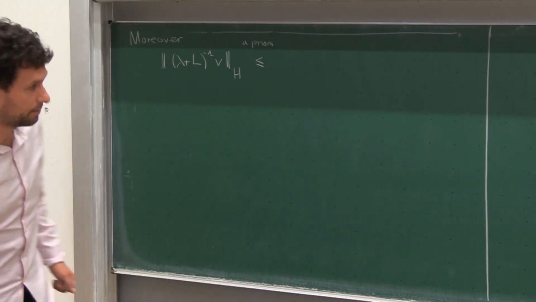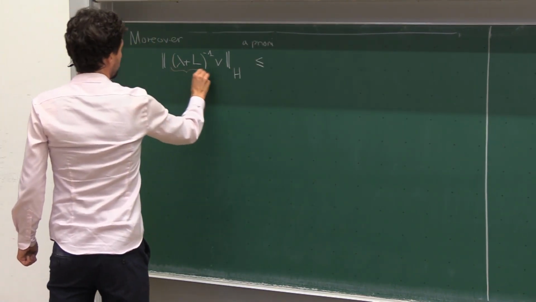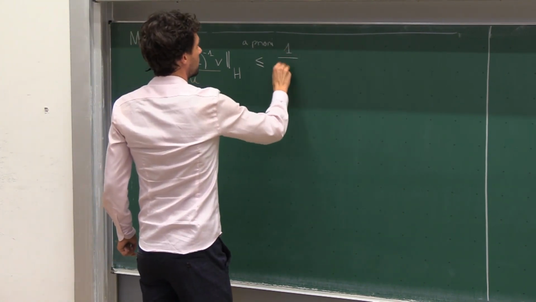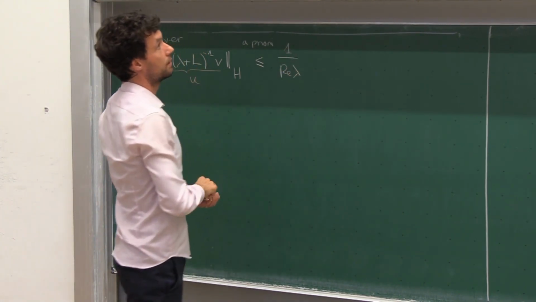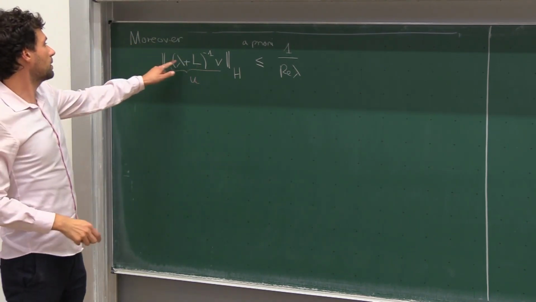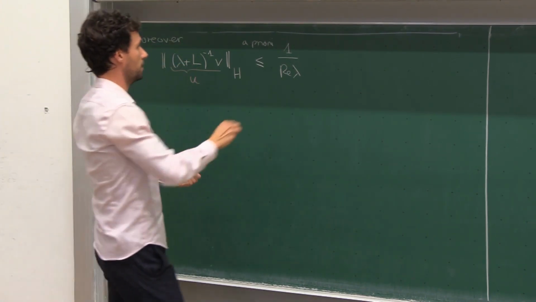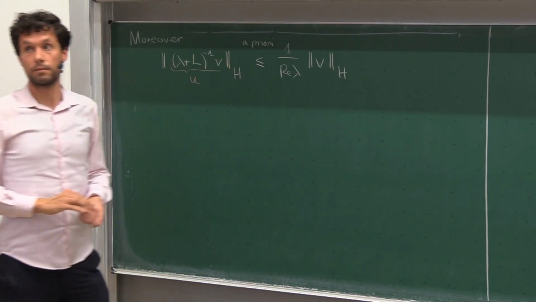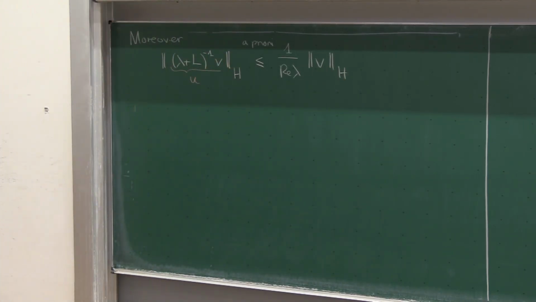If I call this element U, then it's precisely what I told you. Right? And this gives me 1 over the real part of lambda times lambda plus L applied to U, which is just V. All right? The magic of the a priori estimate.